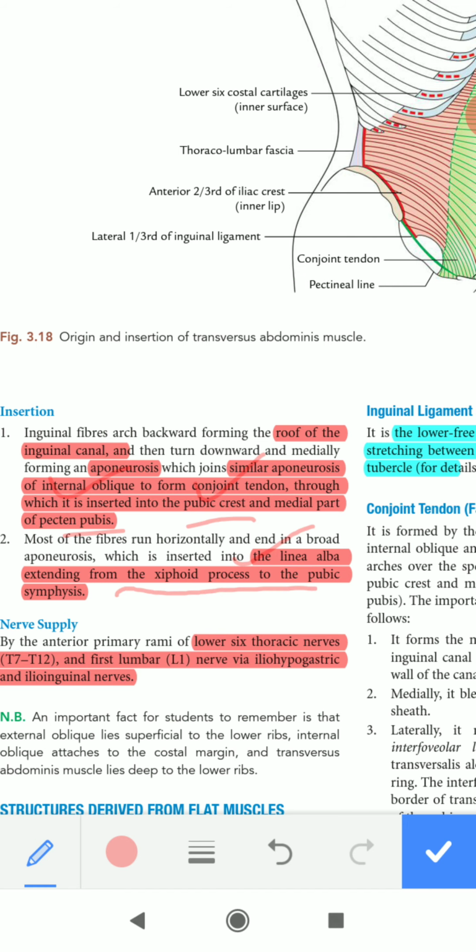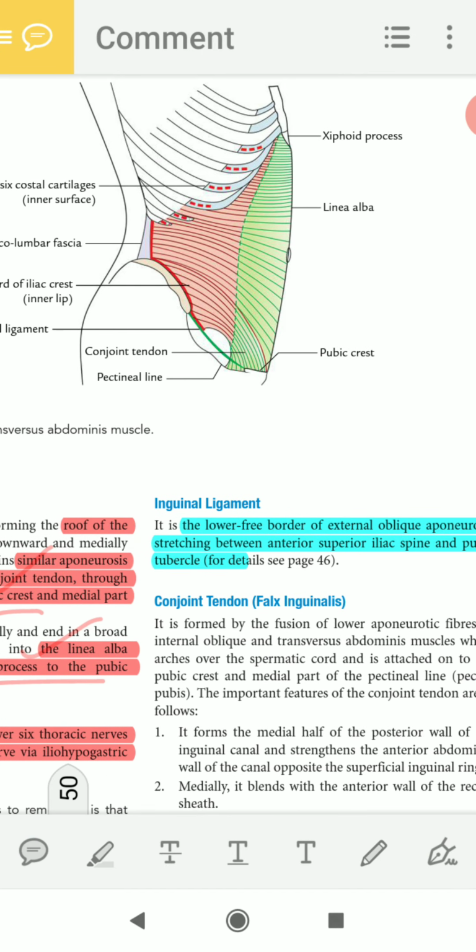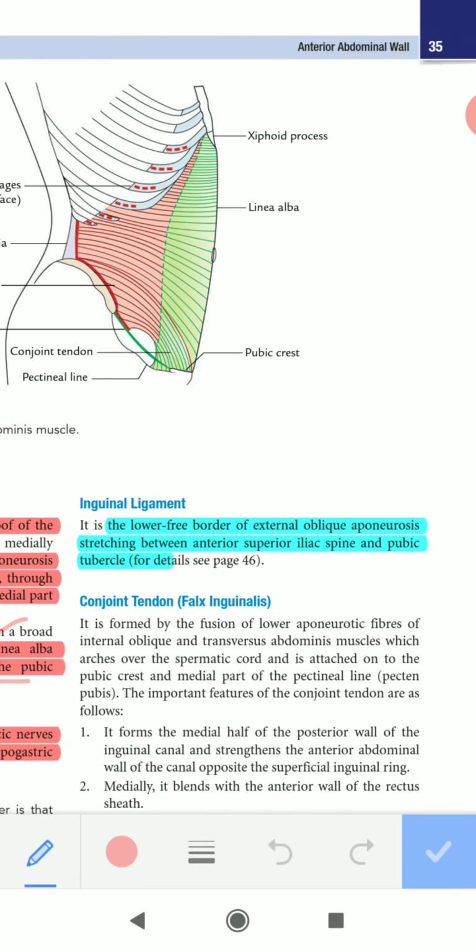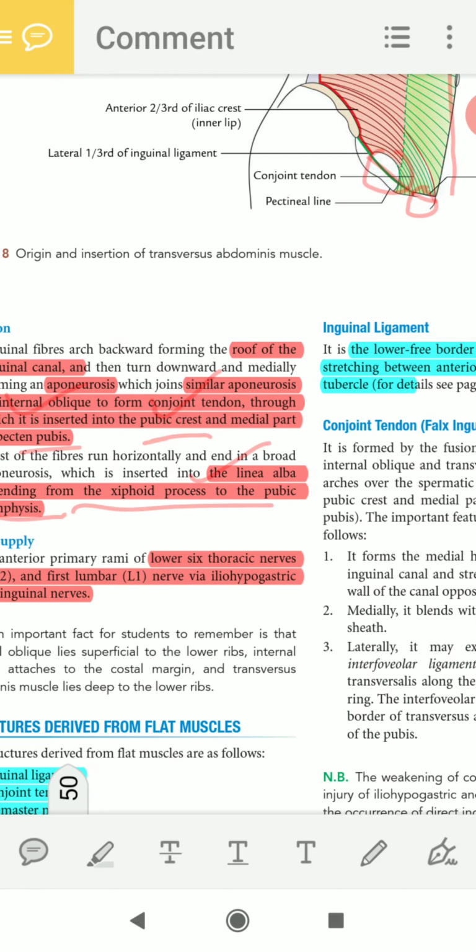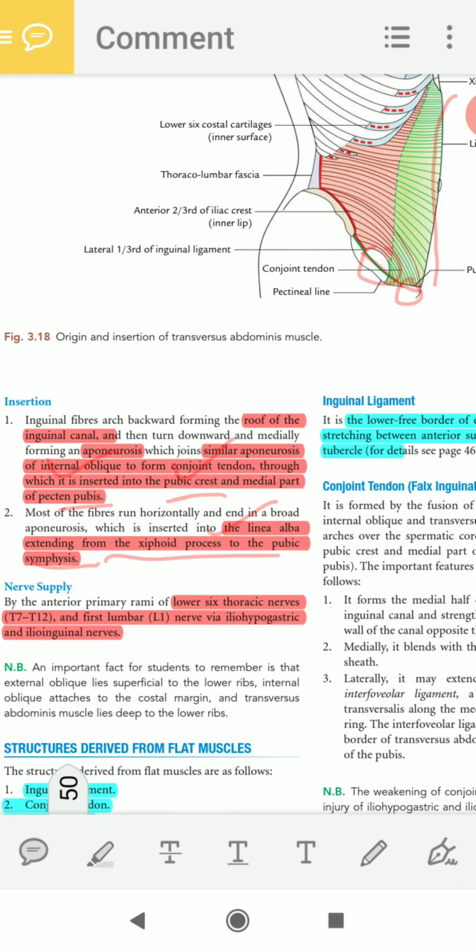So the transverse abdominis is inserted in the linea alba, and together with the aponeurosis of the internal oblique muscle, it forms the conjoint tendon. The conjoint tendon is attached to the pubic crest as well as the inguinal ligament. Okay, that's it. And the nerve supply is similar, lower 6 thoracic nerves and first lumbar nerve via the iliohypogastric and ilioinguinal nerves.